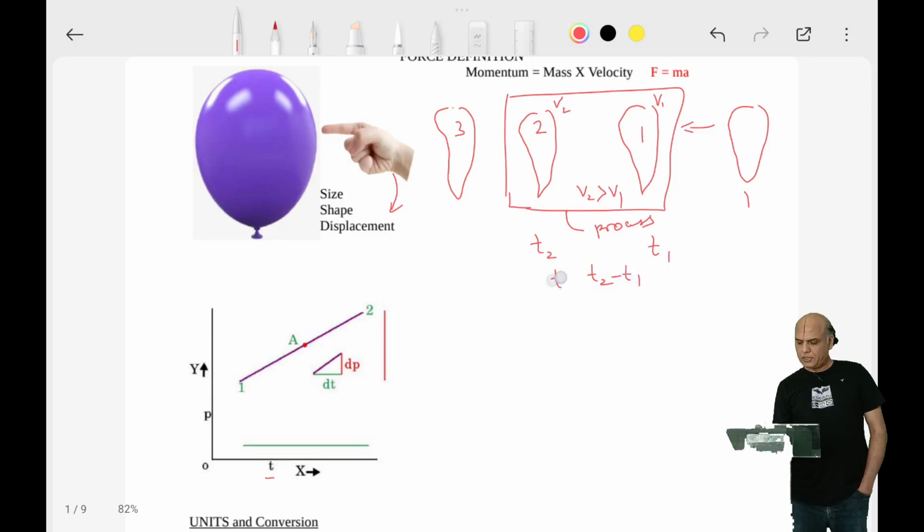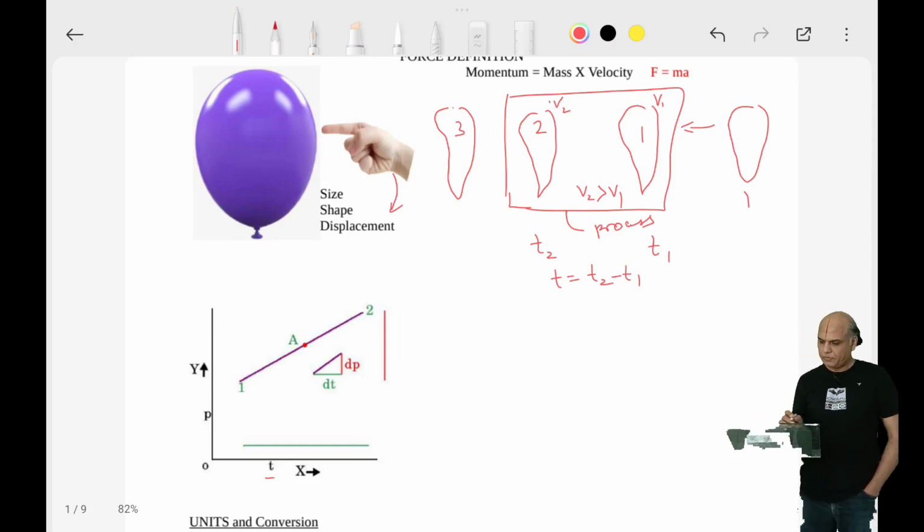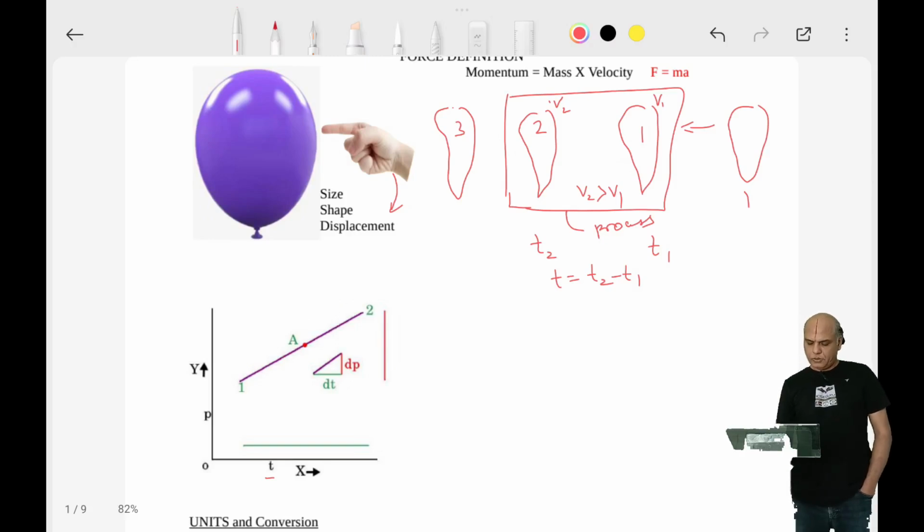We can call it change in time, t. So velocity also changed from v1 to v2, sorry. So if I draw a graph on a coordinate plane, on the x-axis I take time, and on the y-axis I take momentum.